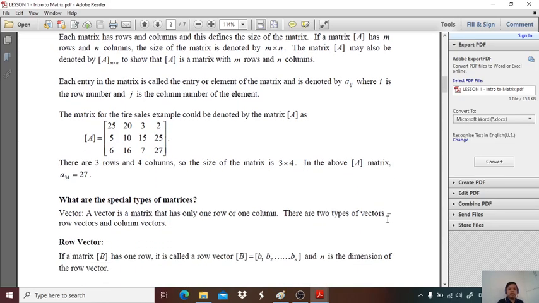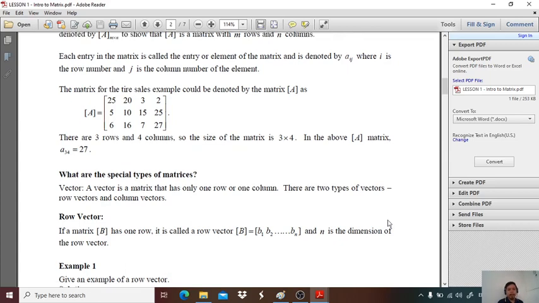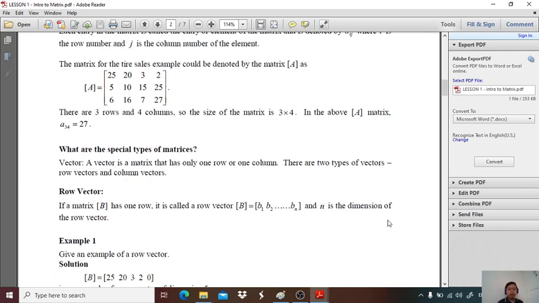So what are the special types of matrices? We have different types. Number one, we have a row vector and a column vector. When we say row vector or column vector, that is a matrix that has only one row or one column.